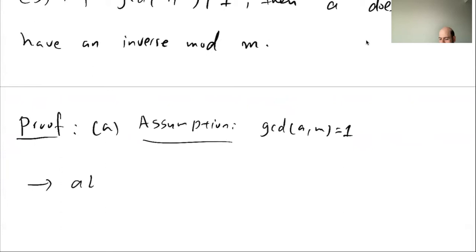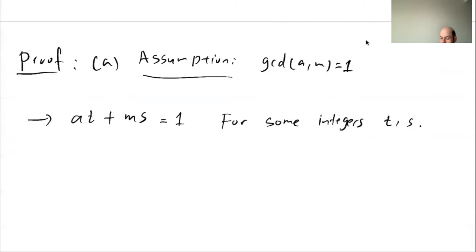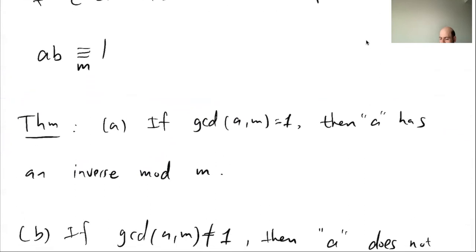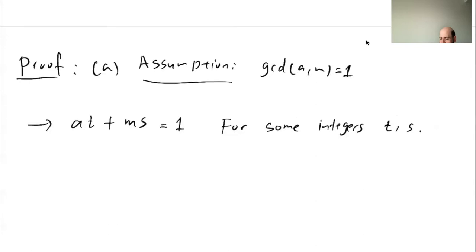So that means AT plus MS equals 1 for some integers T and S. Then I want to show that A has an inverse mod M. So what if I look at this equality as a congruence mod M? Of course, if two numbers are equal, they're congruent as well.